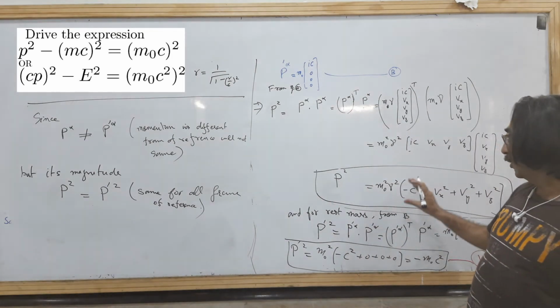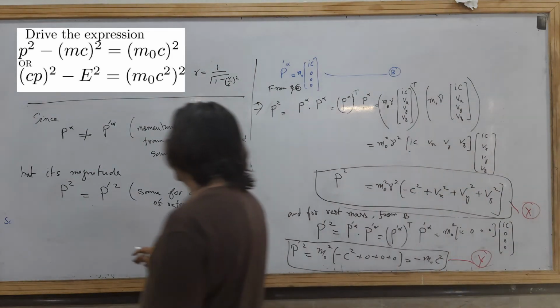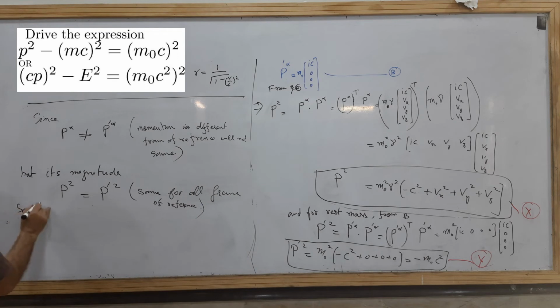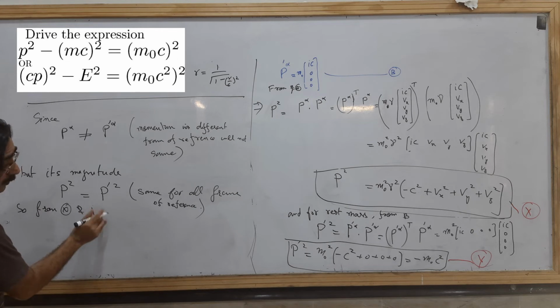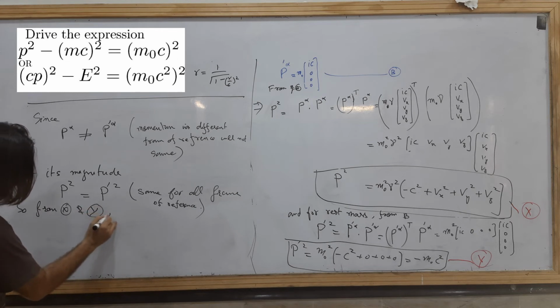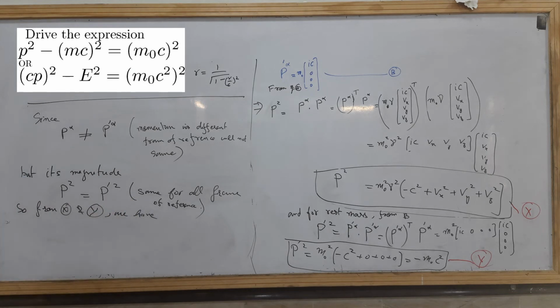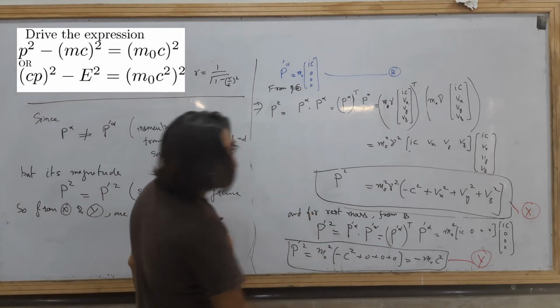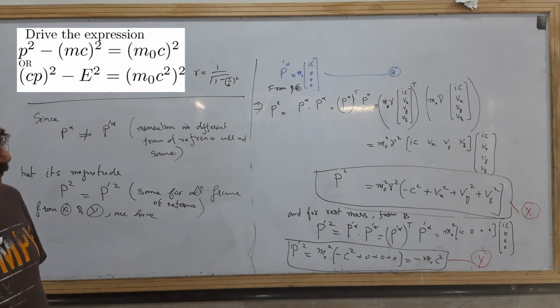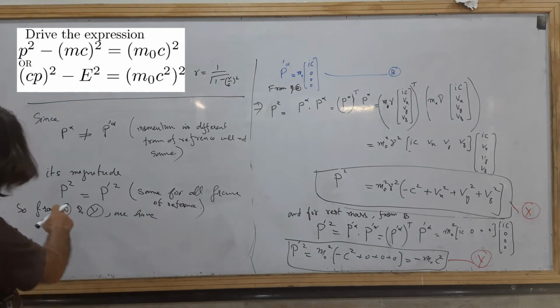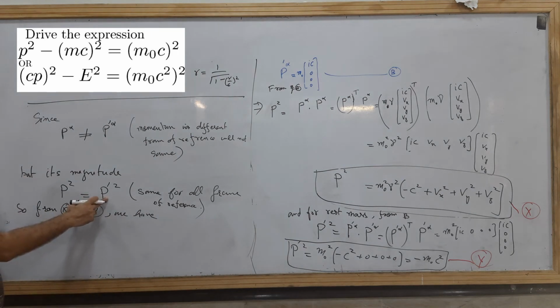So this implies that, from X and Y, what will we get? Both will be same. This will be equal to this. P square is equal to P prime square. So both will be equal.